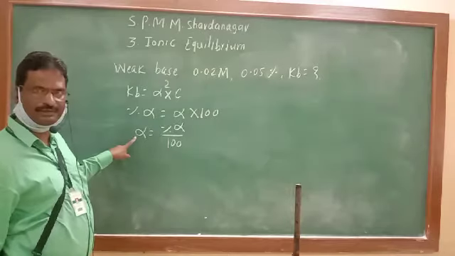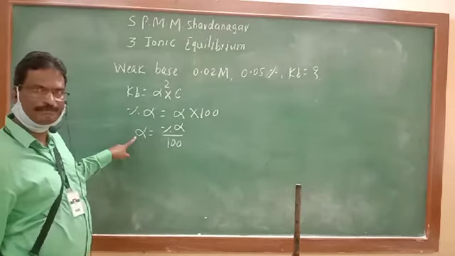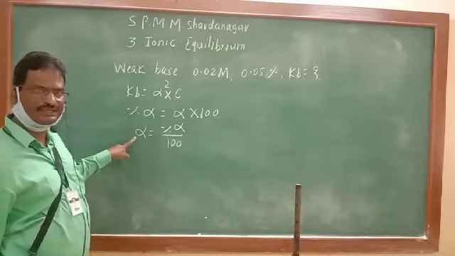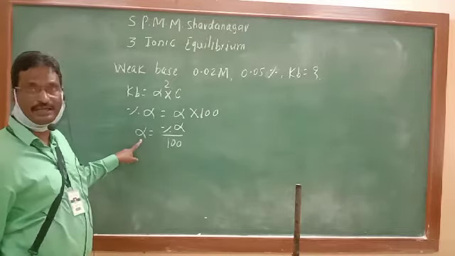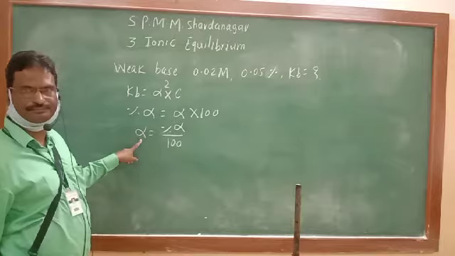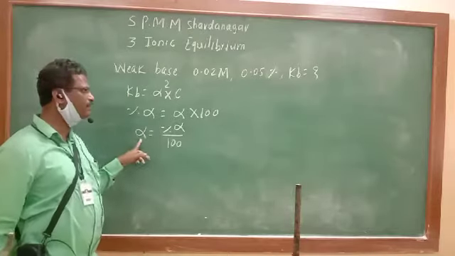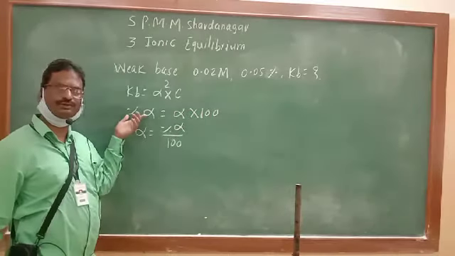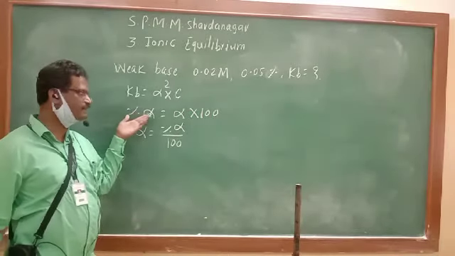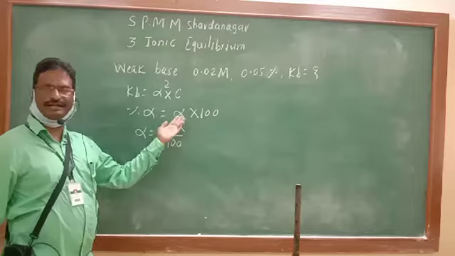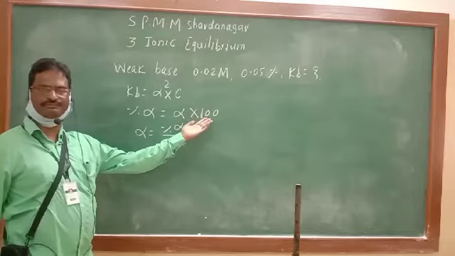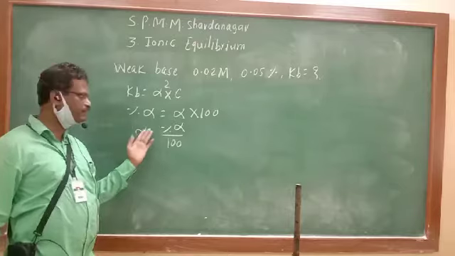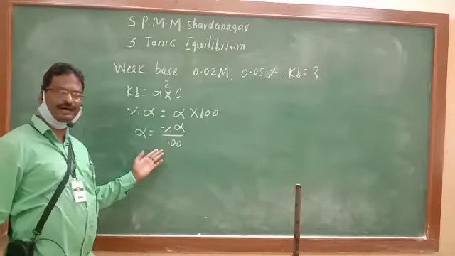If this is multiplied by 100, we get the percent degree of dissociation. So alpha, the degree of dissociation, will be percent alpha divided by 100.